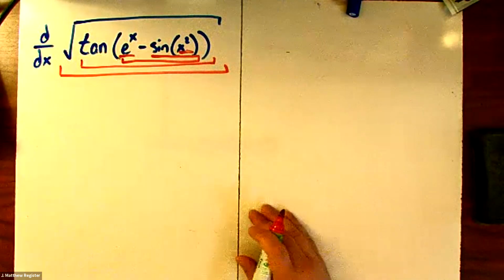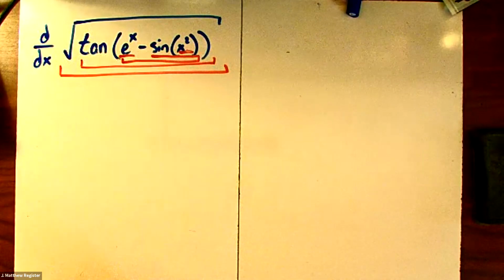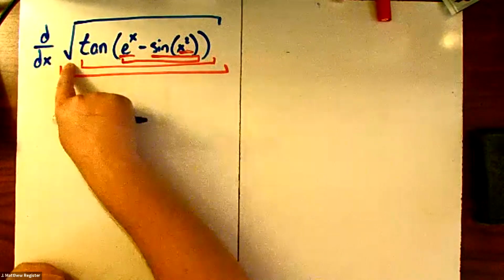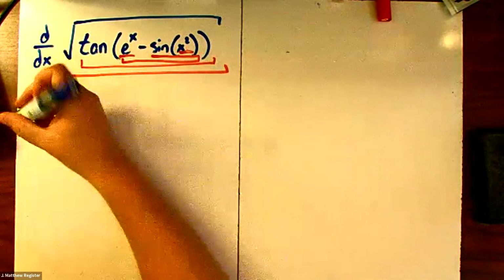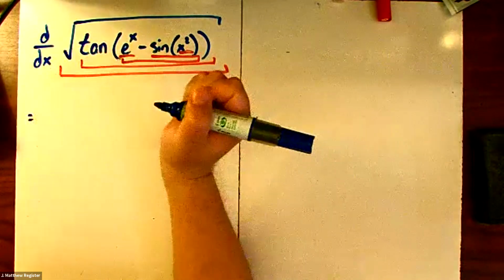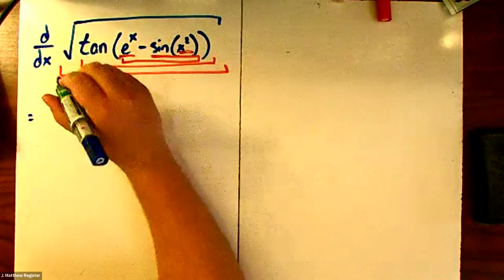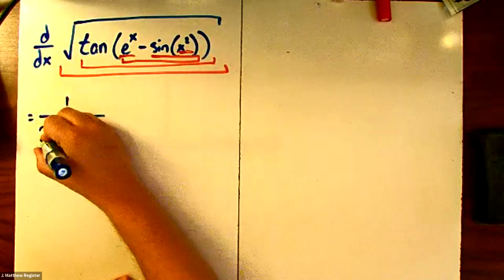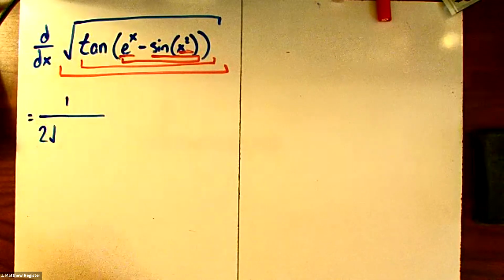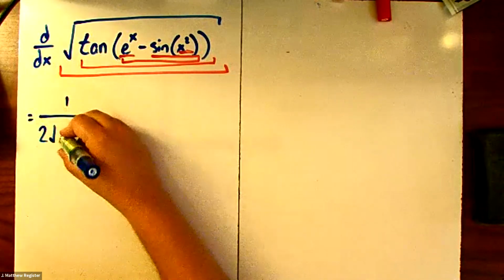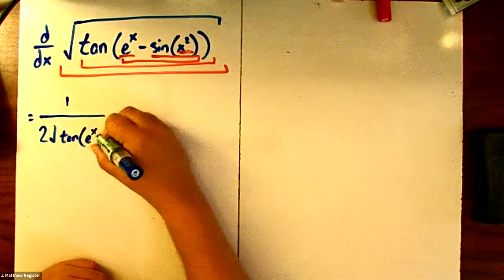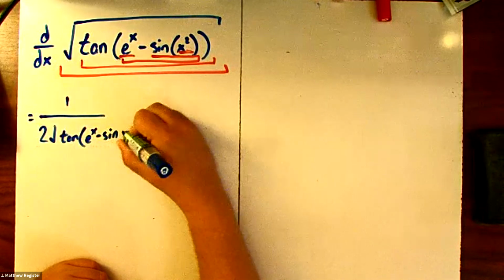And so we are just going to unravel this like an onion. We will start with the derivative of the square root of stuff. And so the derivative of the square root of stuff, if you remember from earlier, is going to be equal to 1 over 2 times the square root of that stuff. And so this is going to be 1 over 2 square root of tangent of e to the x minus sine of x squared.